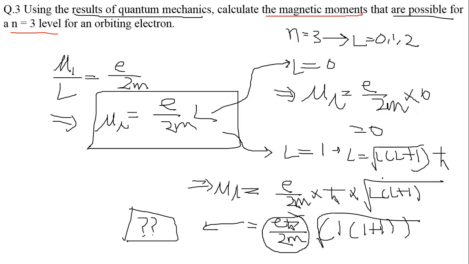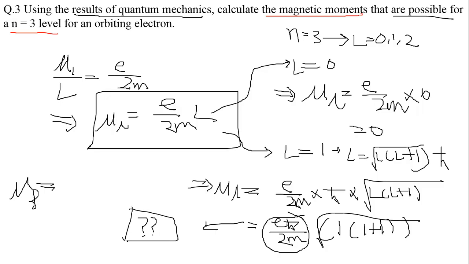Similarly, for nuclear magnetic moments, the nuclear magneton is the unit in which we generally express the magnetic moment in nuclear physics. For that case, m is the mass of the proton instead of the mass of the electron.